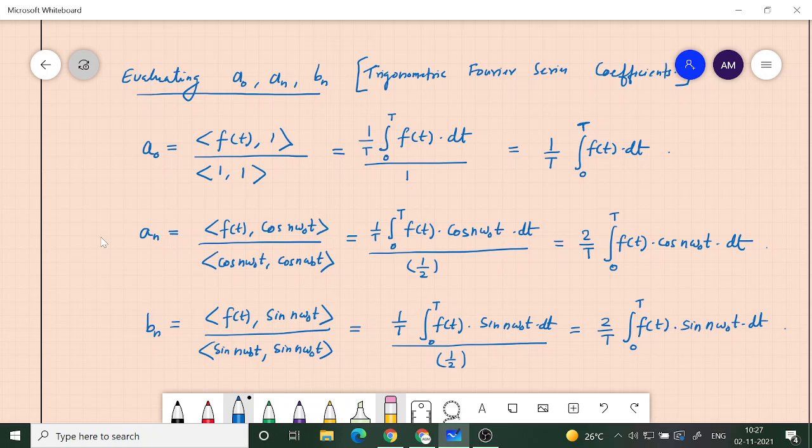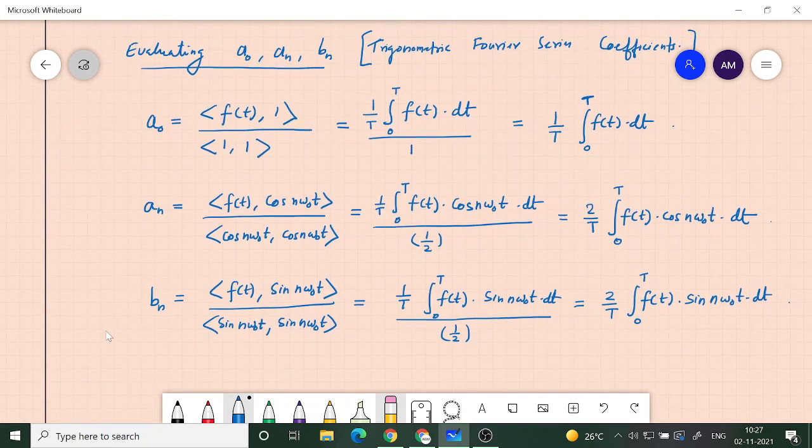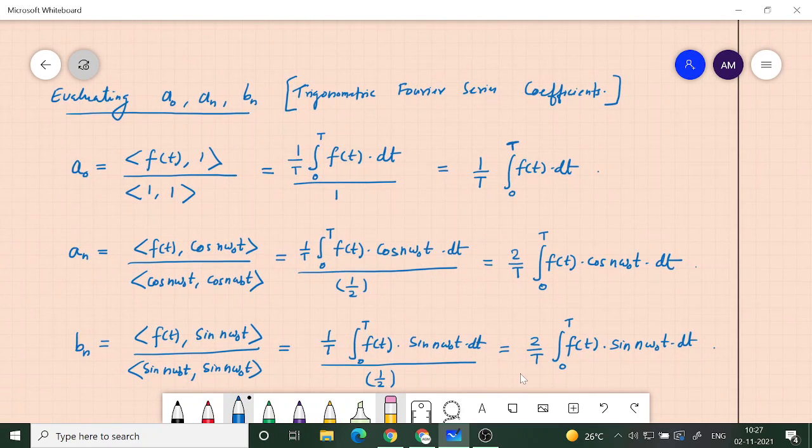So there are lots of orthogonal function sets we can think about, for different ranges, maybe from 0 to 1, 0 to infinity, minus infinity to plus infinity. We will see one more set, that is the exponential Fourier series. So maybe we can directly go to that after a break.